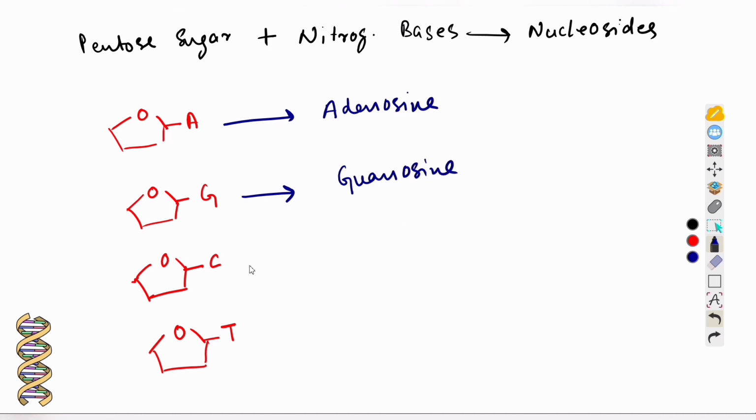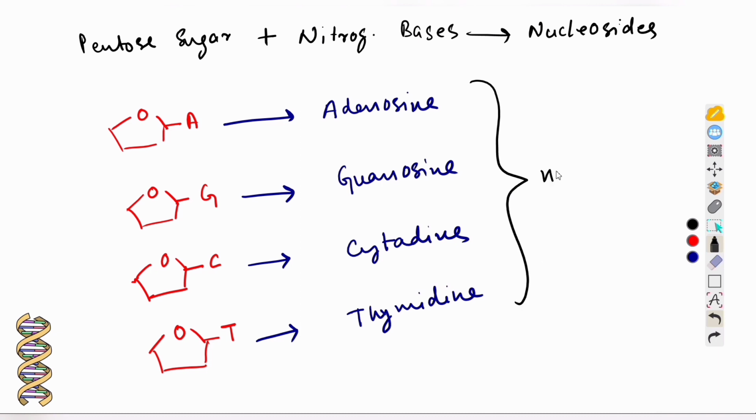Now, when cytosine is attached with the pentose sugar, it is known as cytidine. And when thymine is attached with the pentose sugar, it is known as thymidine. So these are all nucleosides.